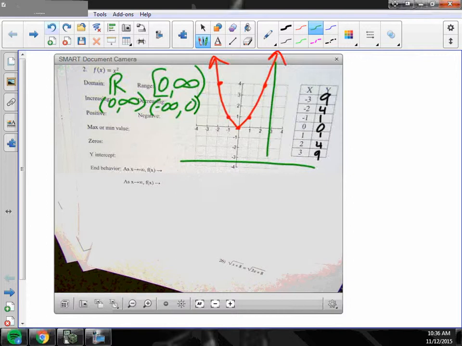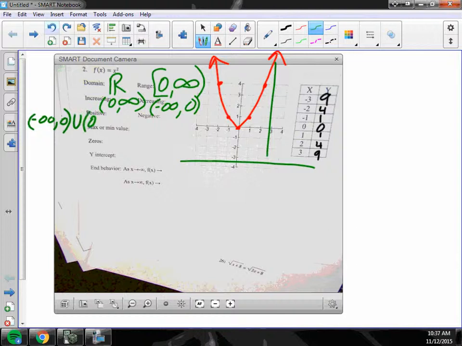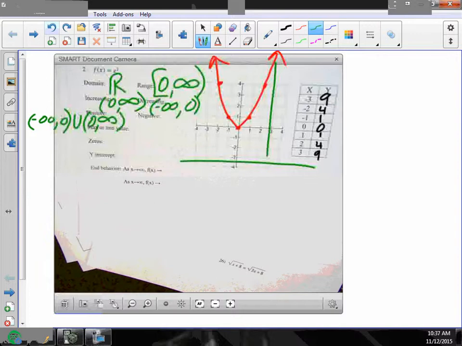Okay. Where is the graph positive? So positive means above the x-axis. When is that parabola above the x-axis? Everywhere but 0. So there are two ways to write this. You could either say negative infinity to 0, union with 0 to infinity, but essentially all I did was get rid of one number, right?